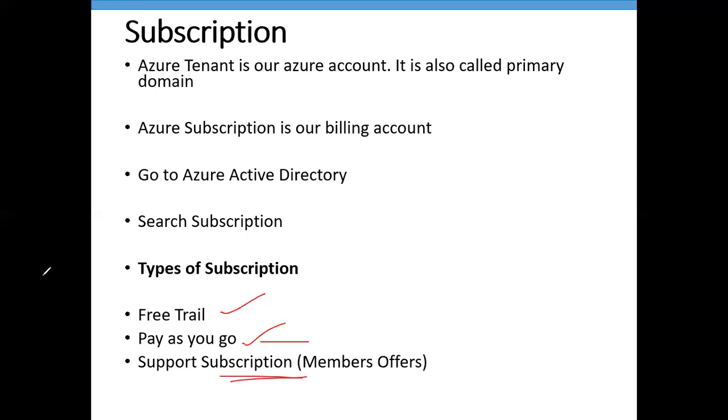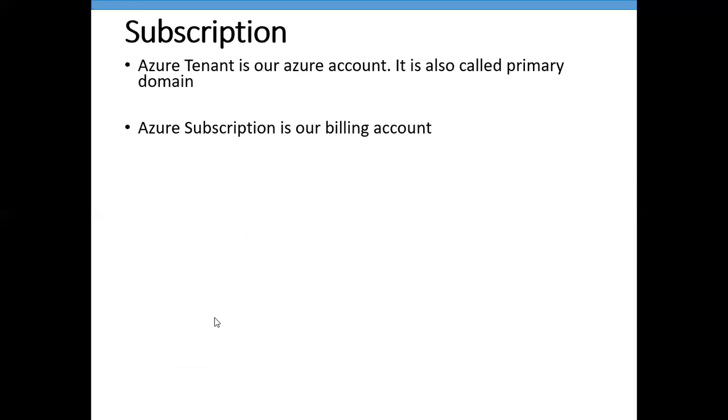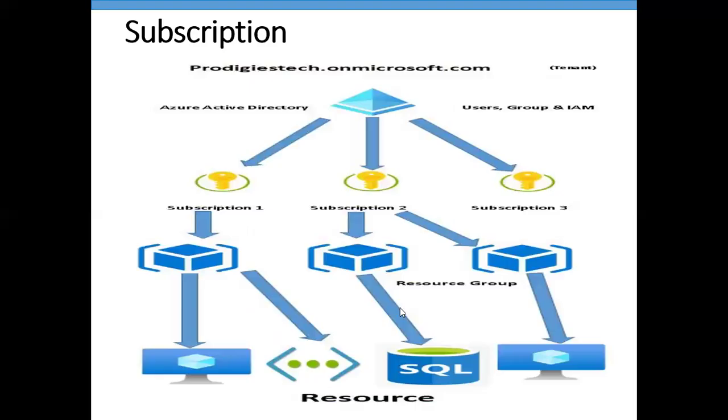Now, there is one diagram we have here. Regarding this diagram, right now we are going to learn this particular part. The upper part, we are going to discuss in our upcoming sessions, once we come to the service called Active Directory. Right now, we are not learning about Active Directory.